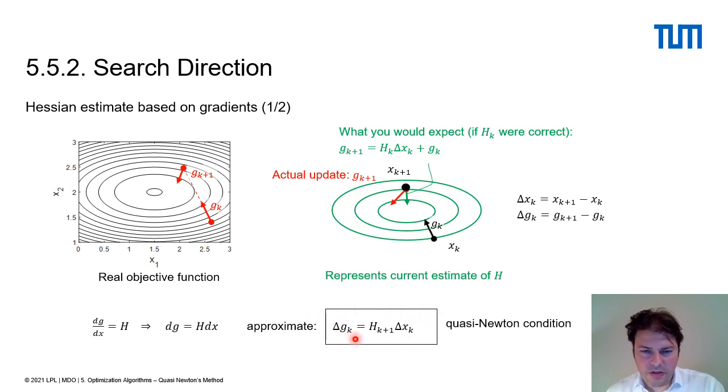The quasi-Newton condition says that the change of your gradient should be equal to the Hessian times the change of your design variable vector. And this is what you can use to approximate hk plus 1.